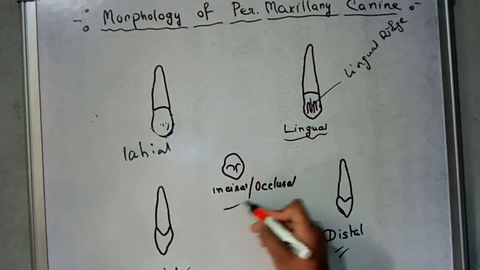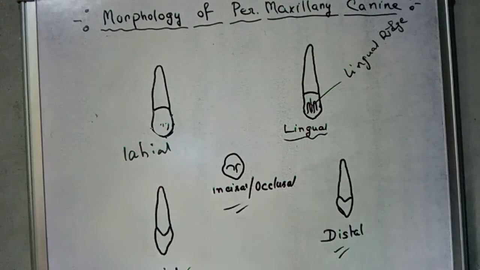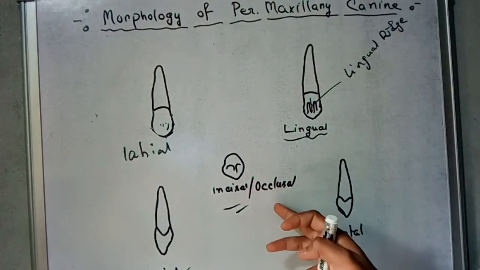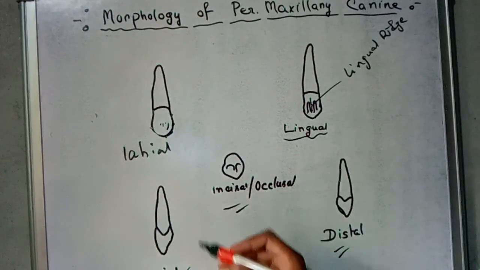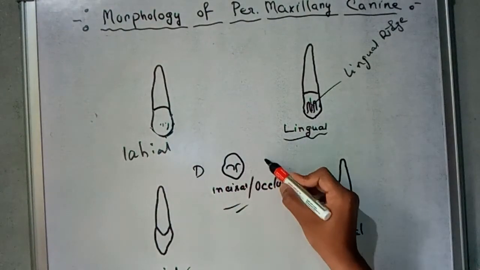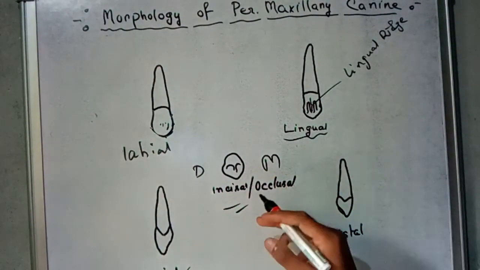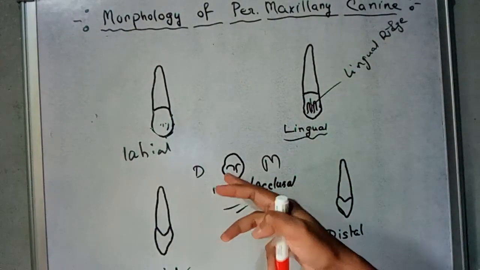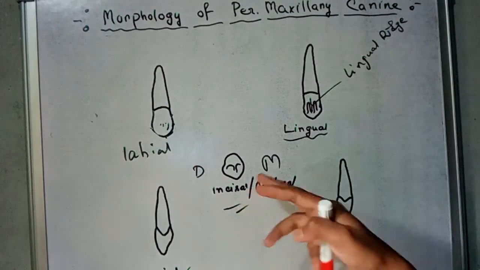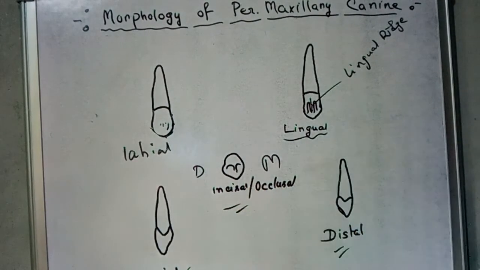Now the incisal or occlusal aspect. The labiolingual dimension is greater than the mesiodistal dimension.